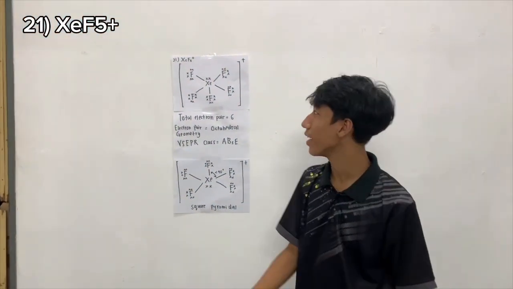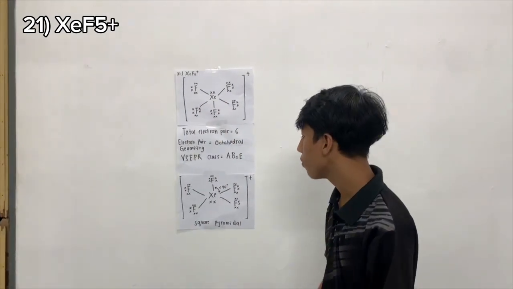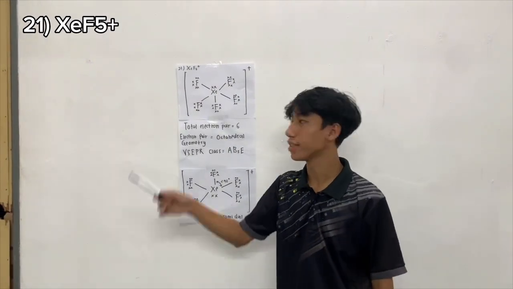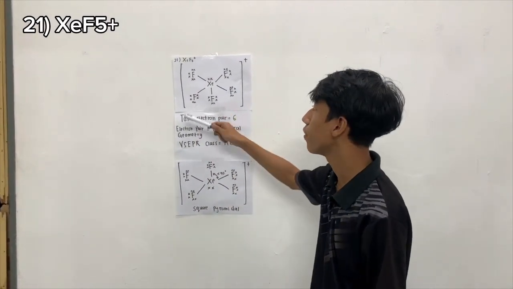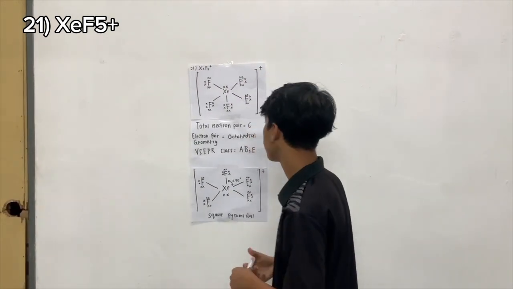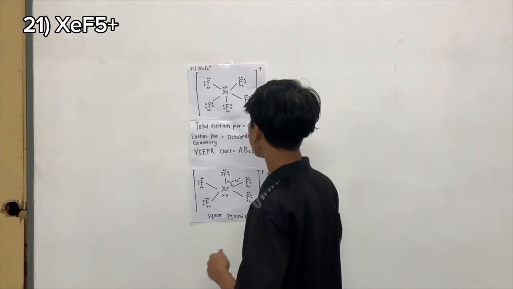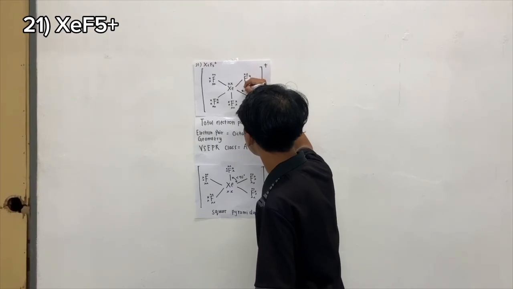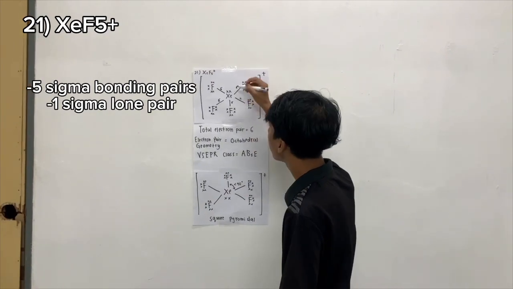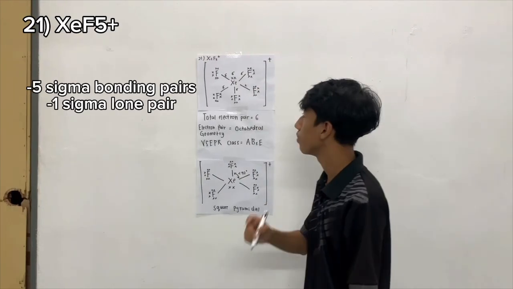Okay, so we move to the last structure, which is SeF5+. Before we start to draw a molecular geometry, we need to draw a Lewis structure first. So this Lewis structure for SeF5+ has 5 sigma bonds, one on each bonding, and 1 sigma for the lone pair.